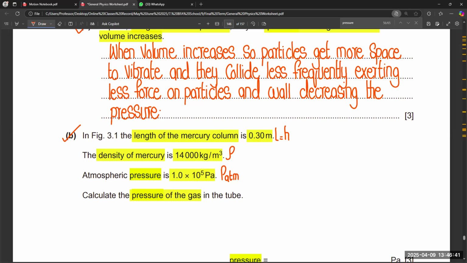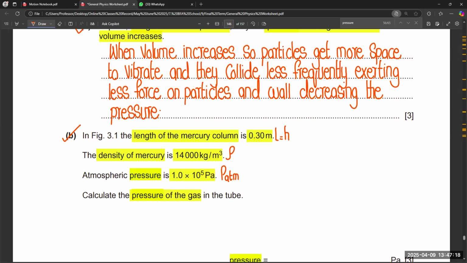So which formula do we have to use to find the pressure of the gas inside the tube? We have one formula related to liquid, which is equal to density, gravitational strength, and the height, rho gh.